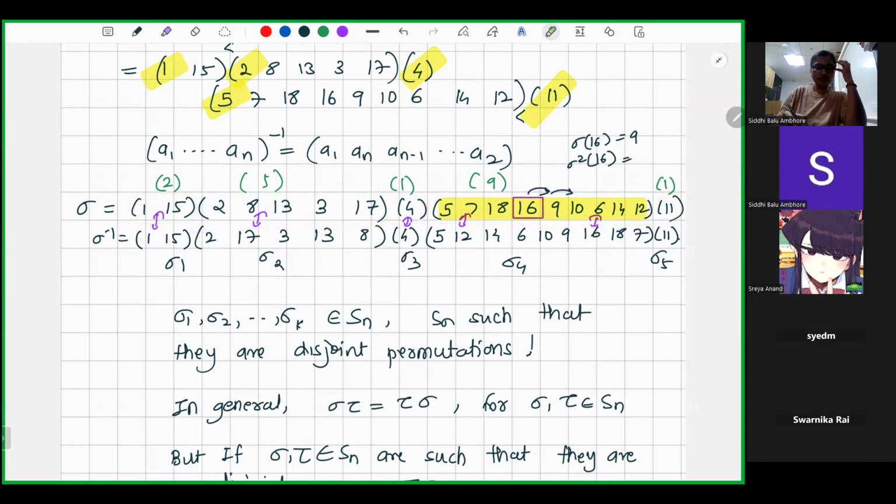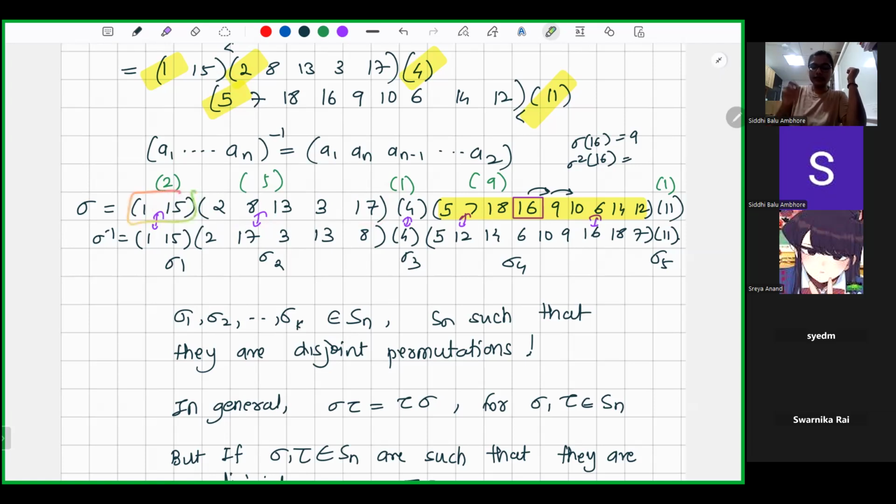Okay, so signature of sigma and its inverse won't change. They will always be the same, because the cycle structure is what essentially we use to calculate signature.